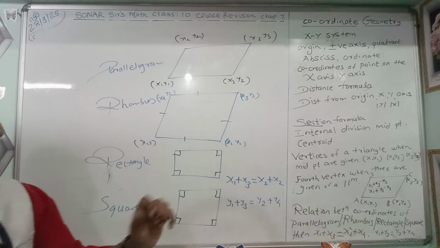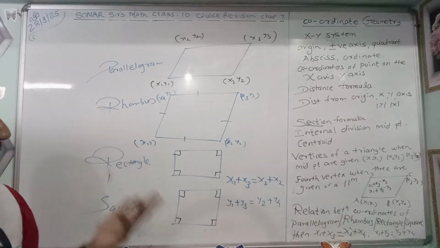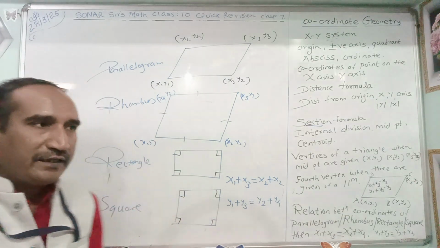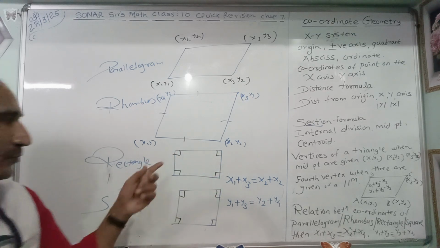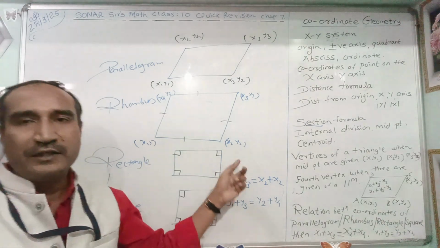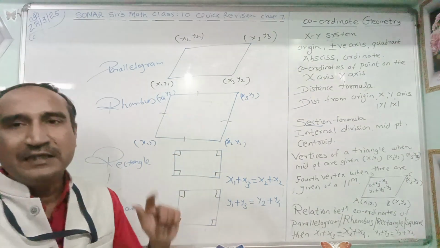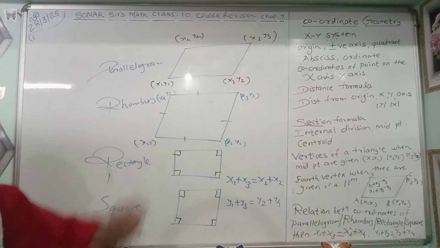One more thing related to the distance formula. There are a few questions that ask to show that it is a rectangle. At that time we just have to find the distances. Then we have to prove that the opposite sides are equal. Then by using the Pythagoras theorem we have to prove that there is a 90 degree angle. Then only it is the vertices of a rectangle.